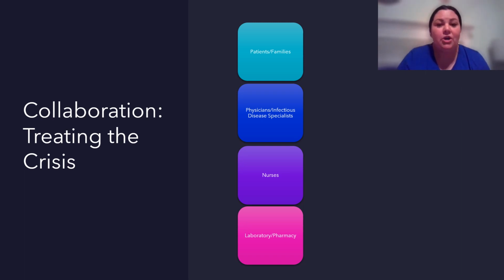So now we're going to move into talking about Matt and how he is going to collaborate and expand this treatment beyond the hospital, and how he's going to utilize other access system resources.